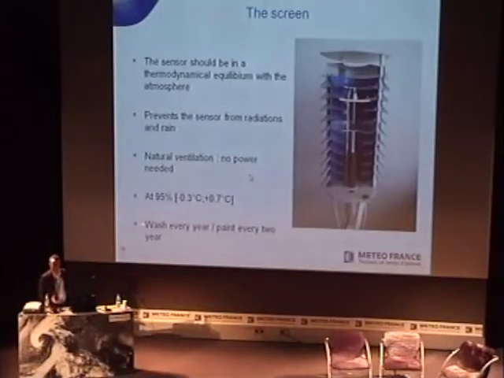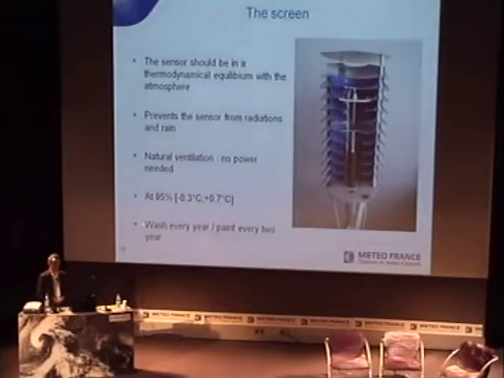A second component of this observation system is the screen, because every temperature measurement should be protected from radiation, rain, and should be in a thermodynamical equilibrium with the rest of the atmosphere. In this screen that we use in our network, there is no power needed.